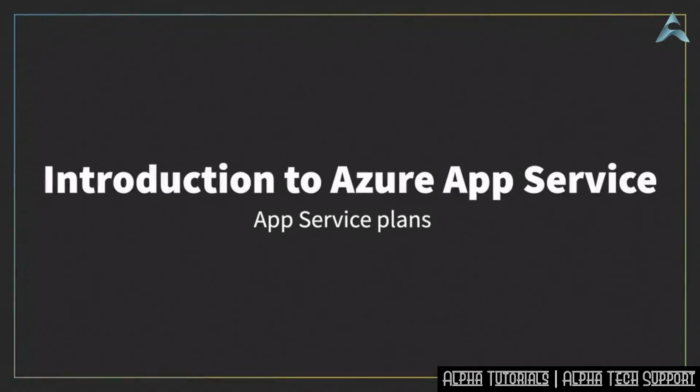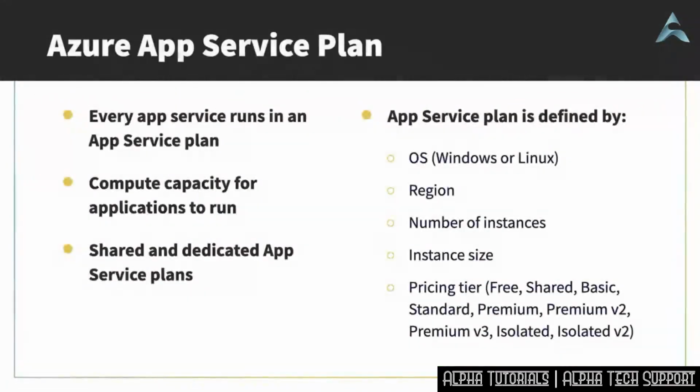Now it's time to talk about Azure App Service plans. In the app service, all the applications need to run inside an Azure App Service plan. The App Service plan defines the set of compute resources where that web application or API app will run.